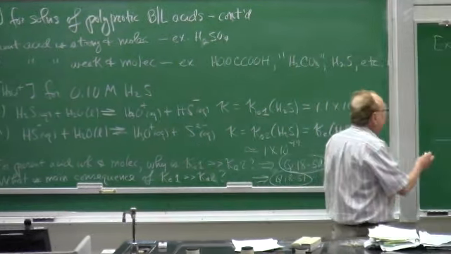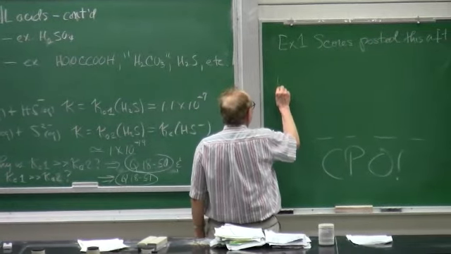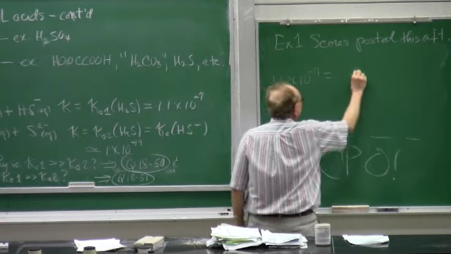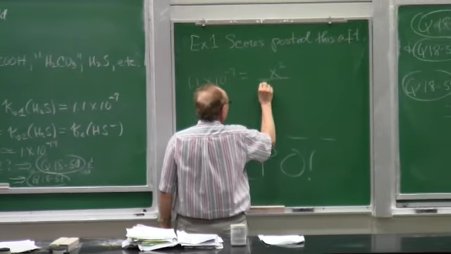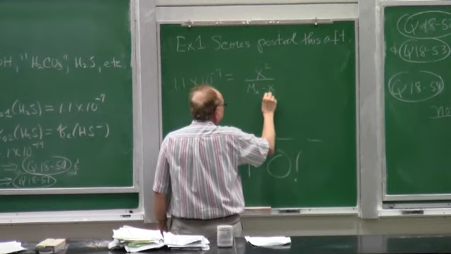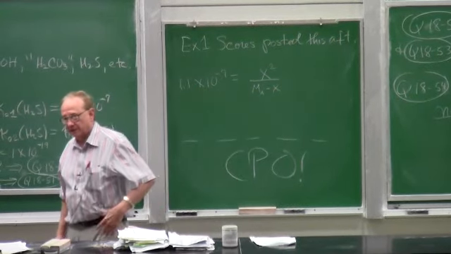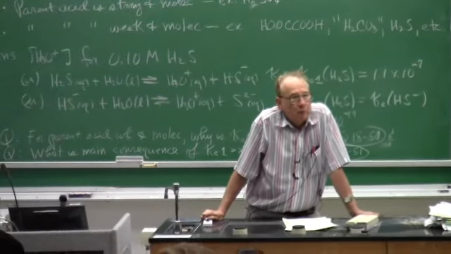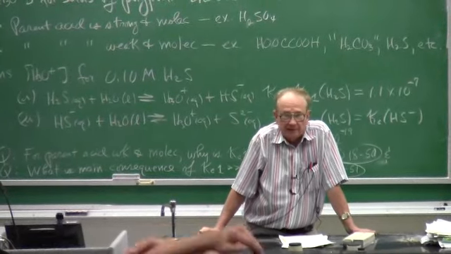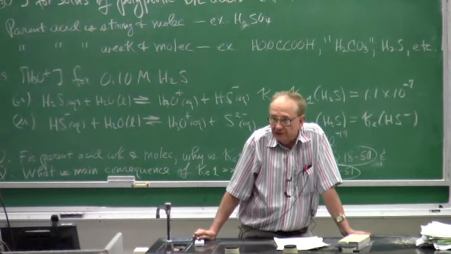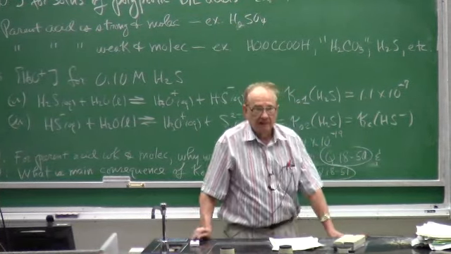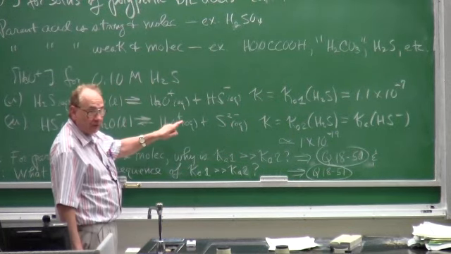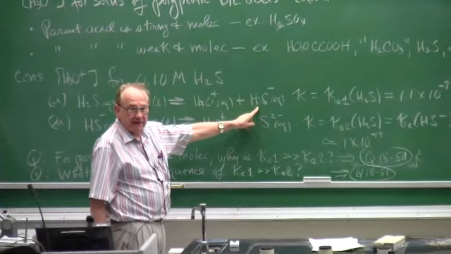Because what we just told you is that this relationship applies to a weak molecular polyprotic acid, because we don't have to pay attention to the second ionization equilibrium, which means after this reaction goes, these molarities stay the same.